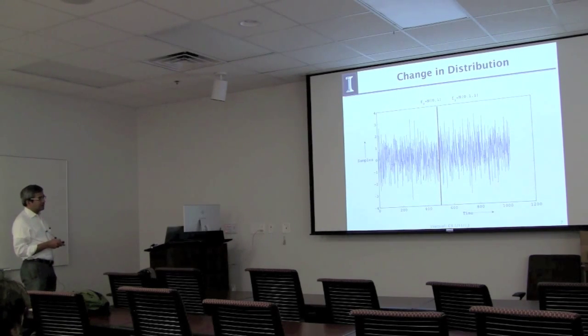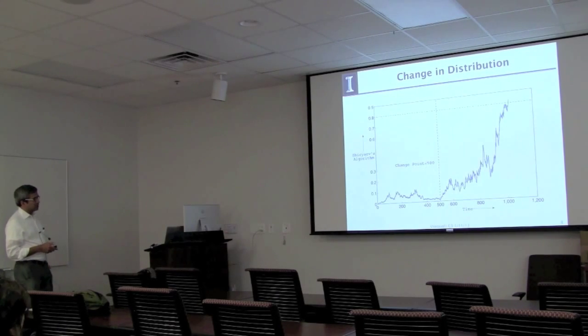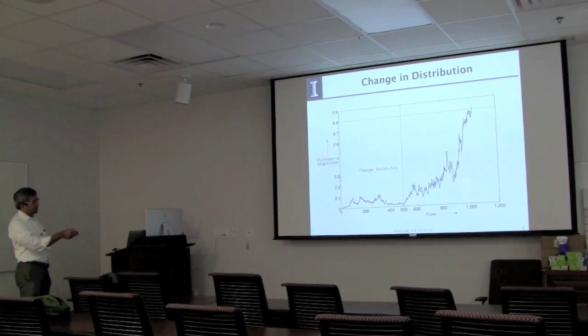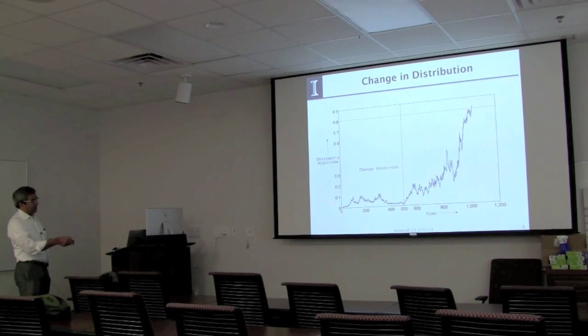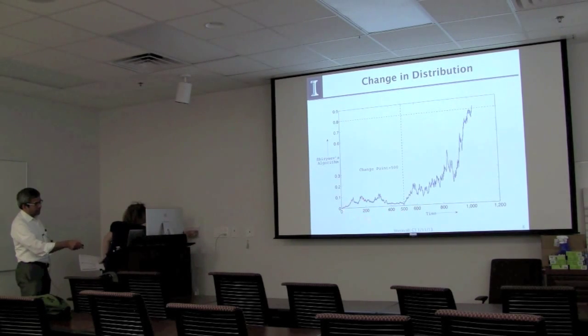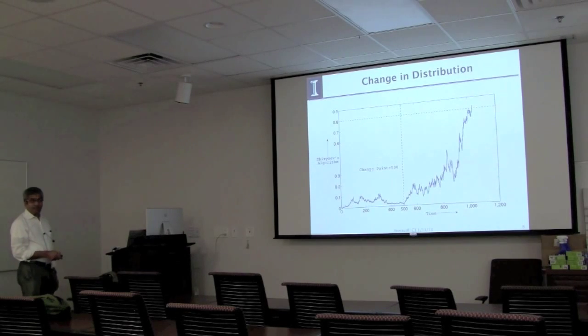It turns out there's a very nice test, and I'm going to show you the evolution of the statistic of the test before and after the change. I'll talk about this in more detail in the next couple of slides, but this is called the Shiryaev algorithm. There's a statistic it's computing on the y-axis. Before the change, before time 500, the statistic hovers around 0, and after 500, it starts to take off, so it's doing the right thing.